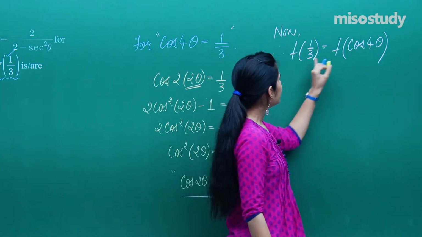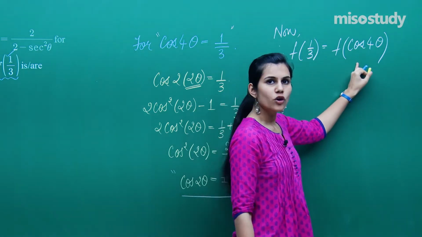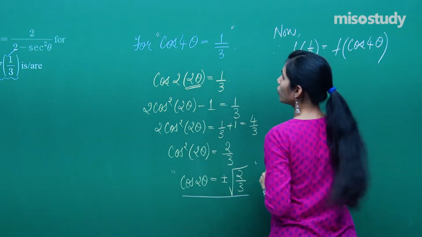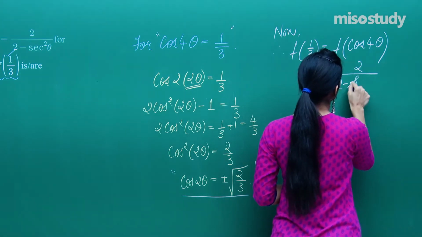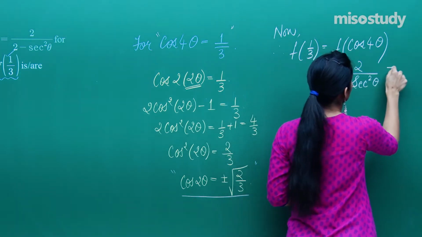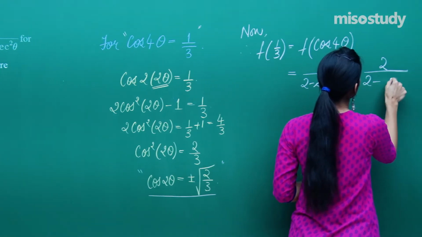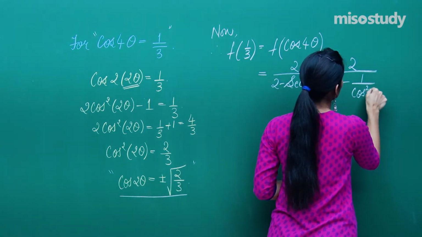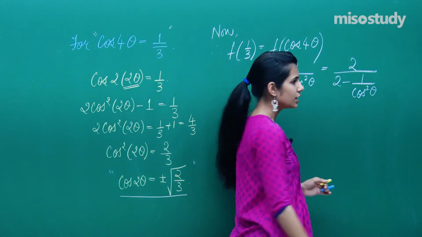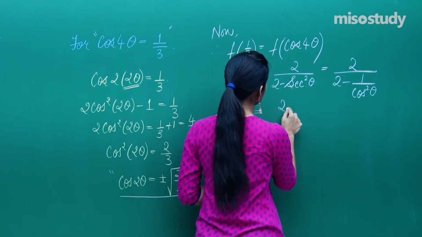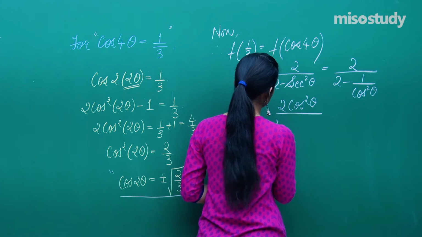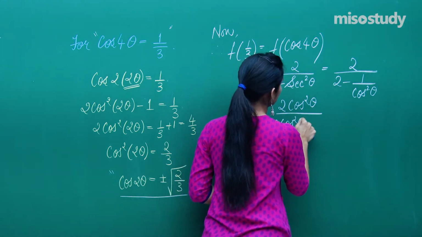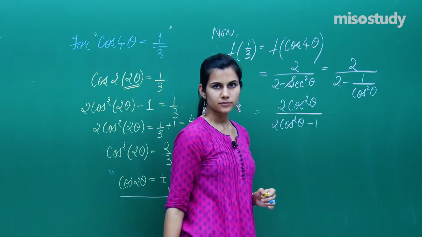So if cos 4 theta is 1 by 3, f of 1 by 3 is f of cos 4 theta, which is given to me as what? 2 upon 2 minus sec squared theta, which means 2 upon 2 minus 1 upon cos squared theta, which means what? 2 cos squared theta upon 2 cos squared theta minus 1, right?